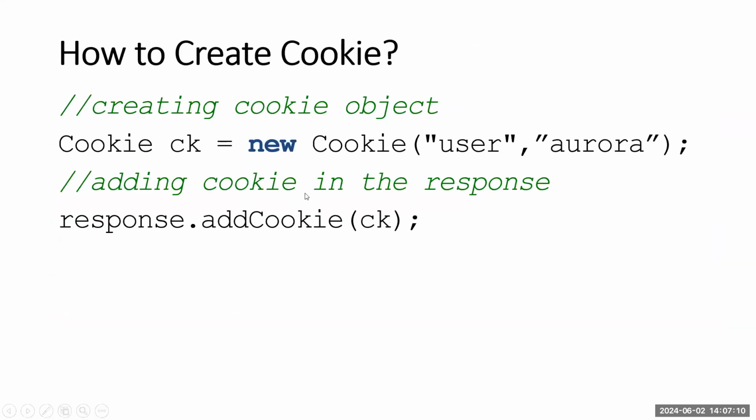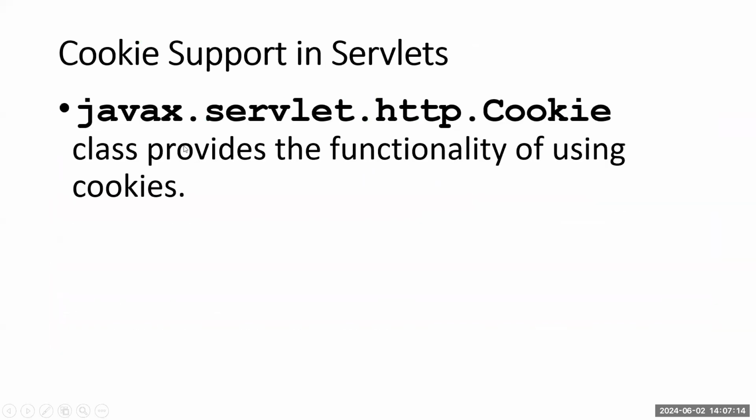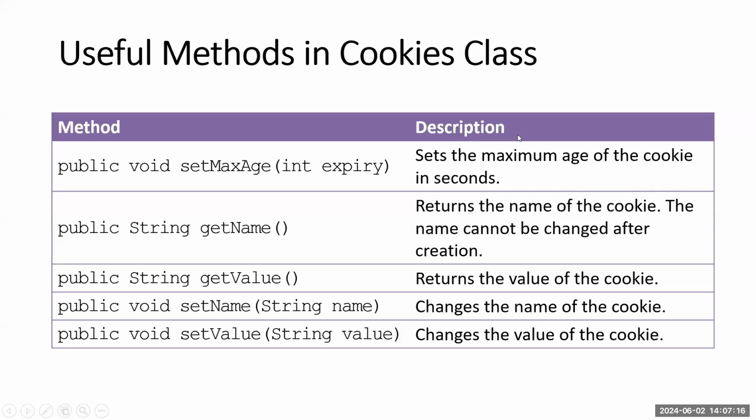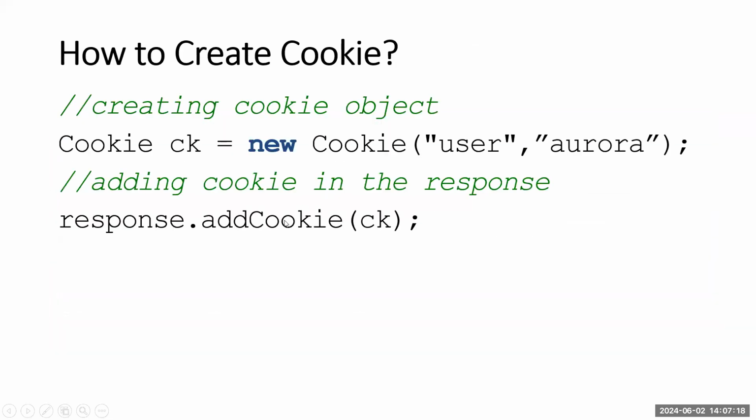So this is how you do it. It's object oriented. You create a cookie object, that is a javax.servlet.http.Cookie object. When you create the cookie object, make sure you set the name and value, right? Name value pair. So this must be text because cookies are saved in the browser, so you can't add objects and things.